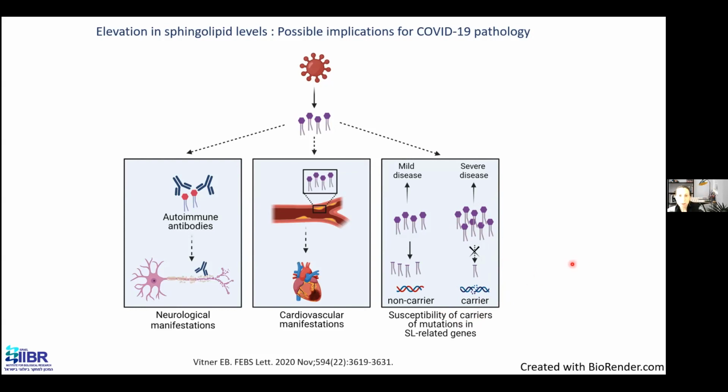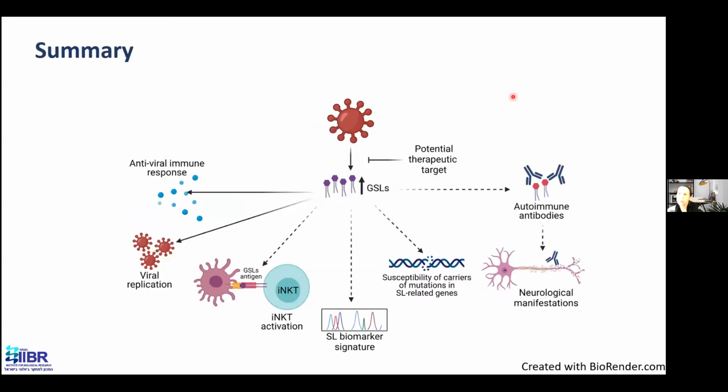So I will just summarize now what we think about the relationship between sphingolipids and viruses. Viruses, early upon their infection, increase glycosphingolipid levels, which they probably need for viral replication. Exactly why they need them is also a very interesting question that we don't fully understand. Now, this elevation in glycosphingolipids can alert the host that there is a viral infection and trigger an antiviral immune response.